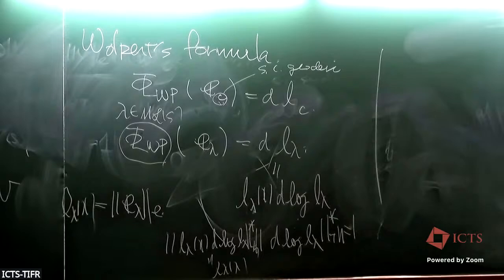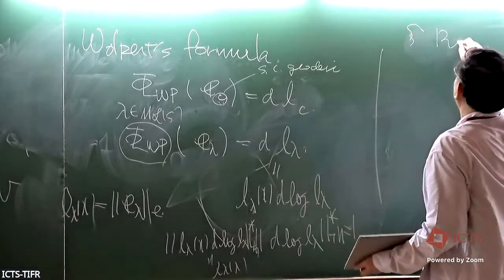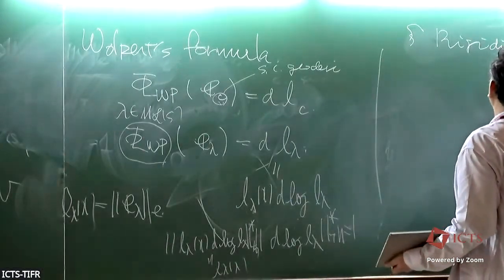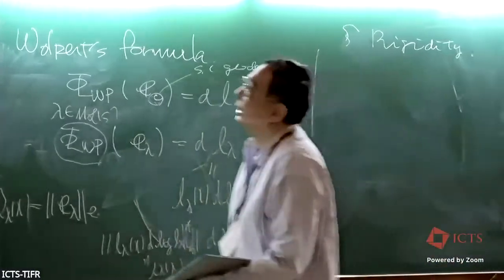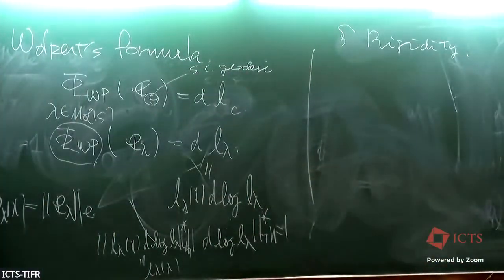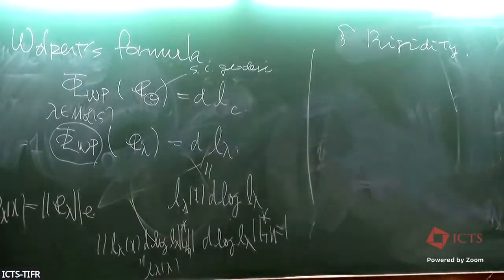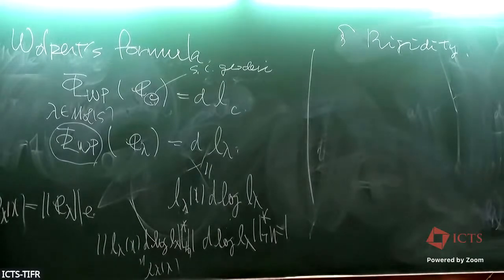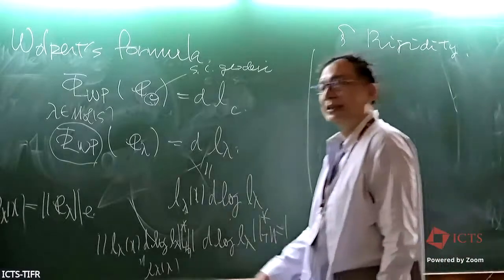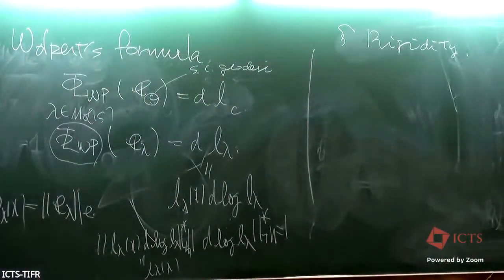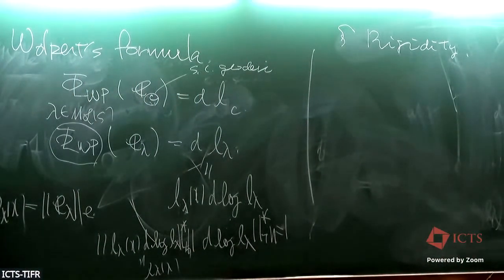And the next topic I'd like to talk about is the rigidity. In the last two talks, I just mentioned the infinitesimal rigidity of the Thurston metric, but I never proved that in the talks. The same kind of infinitesimal rigidity holds for the earthquake metric, and the proof can be done independently.